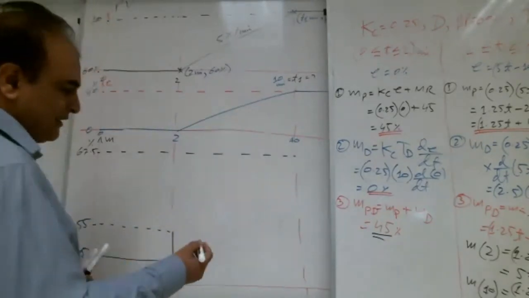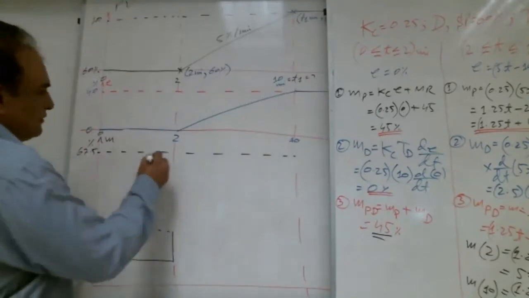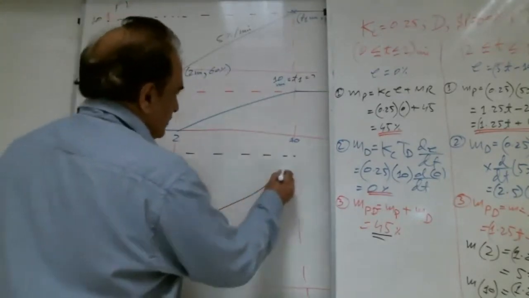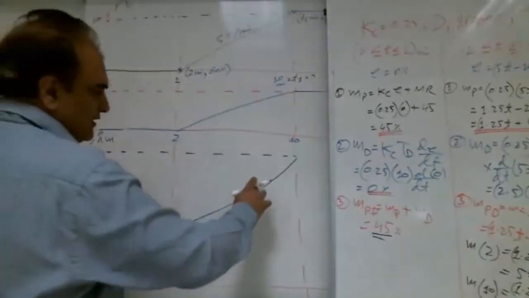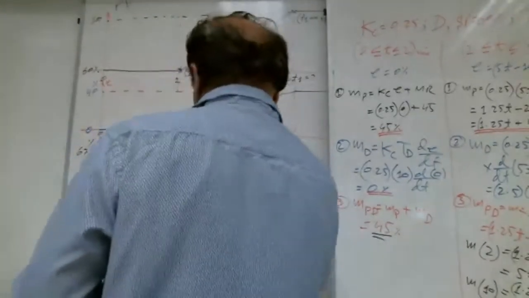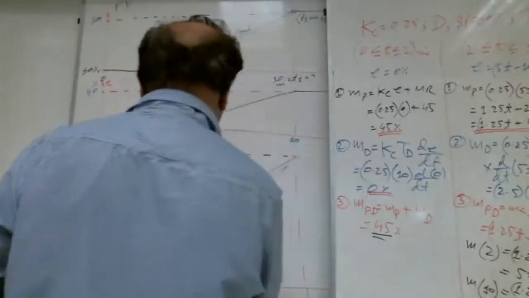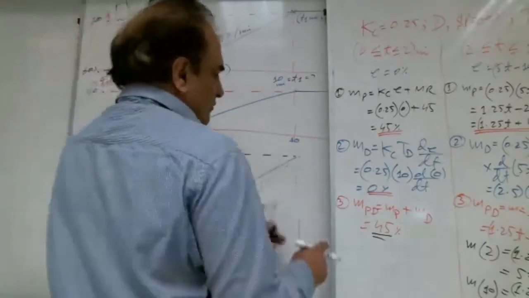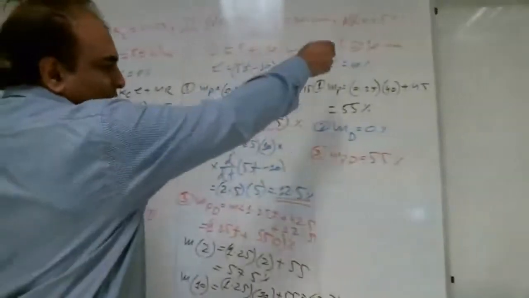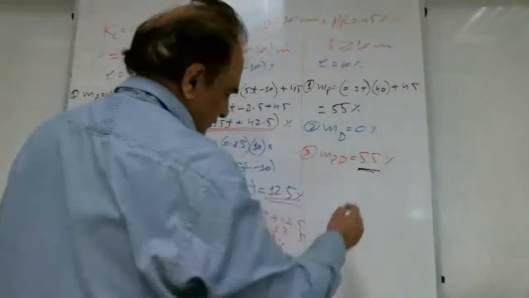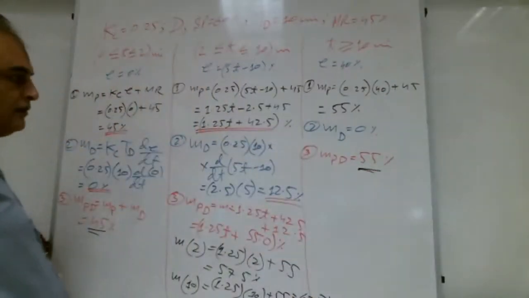So at 10, how much is it? 67.5. Again, this is a straight line, Shabab. I'm trying to make a straight line like this. Okay, Shabab. At 10 minutes, it goes where? 55.